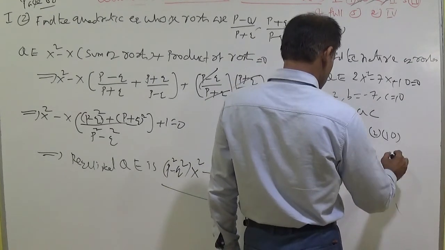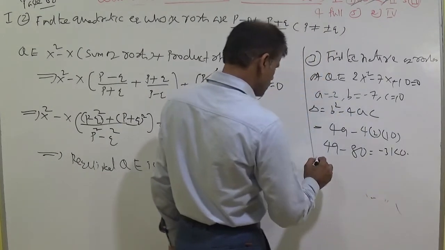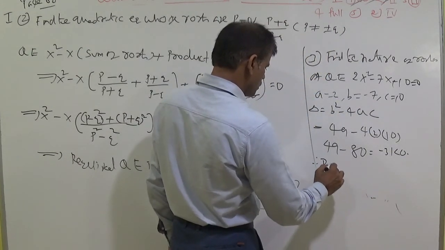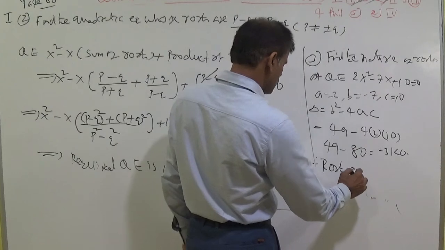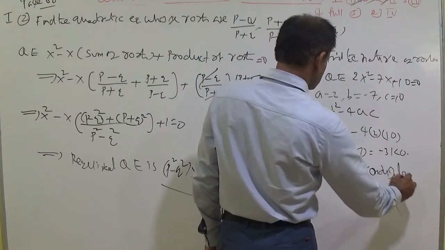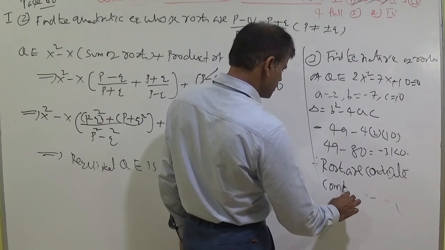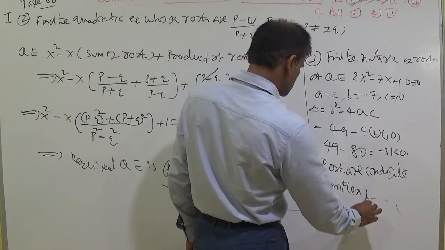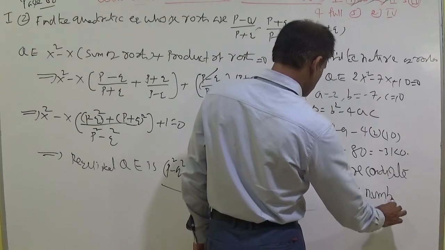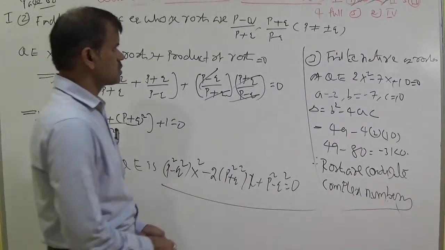So 49 minus 80 is minus 31, less than 0. Therefore roots are complex numbers, conjugate complex numbers or imaginary. This is the nature of the roots.